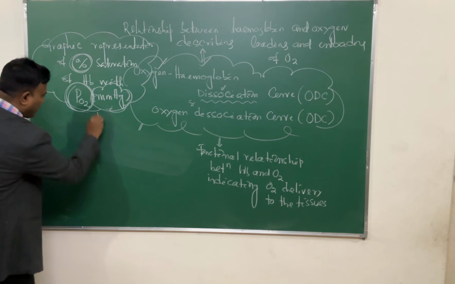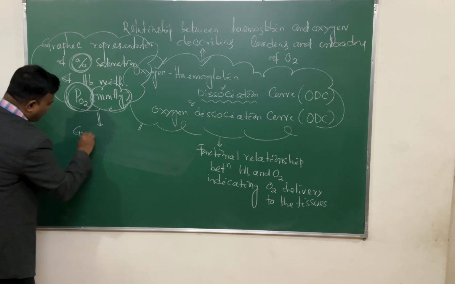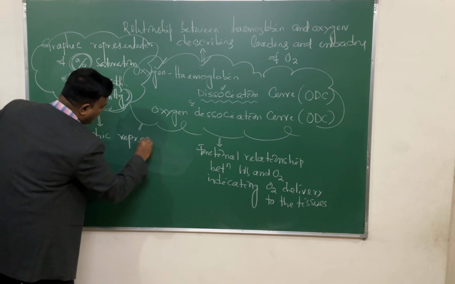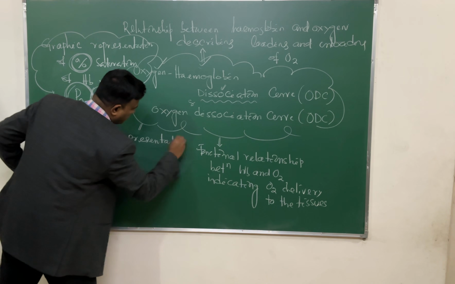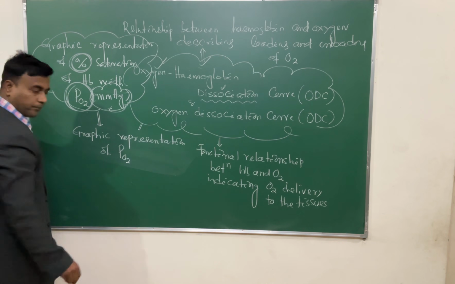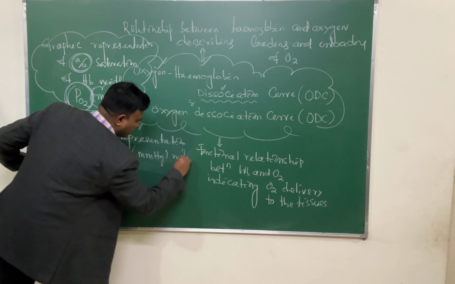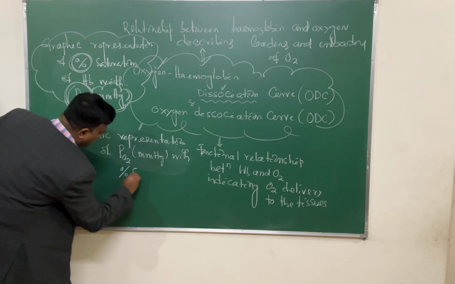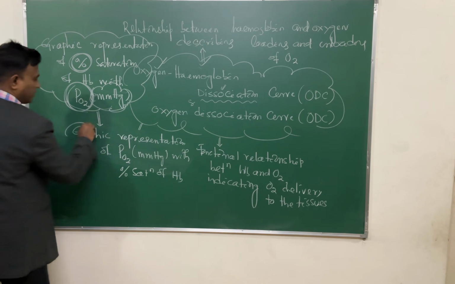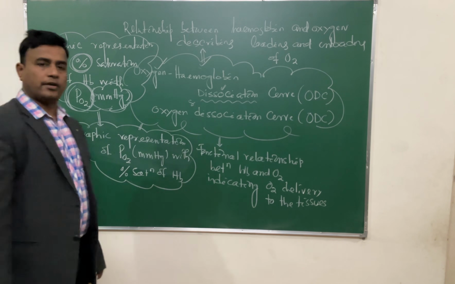I can derive another point, and this is the final one: the graphic representation of partial pressure of oxygen, which is expressed in terms of mmHg, with percentage saturation of hemoglobin. So this is another way of presentation, but all the definitions are interrelated.